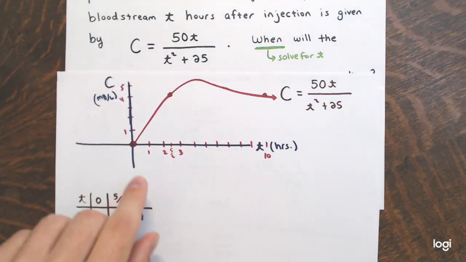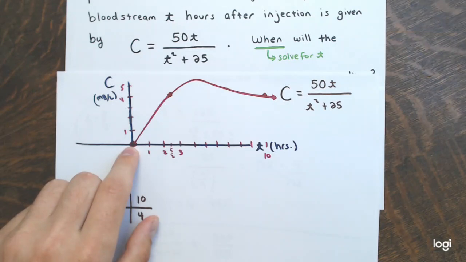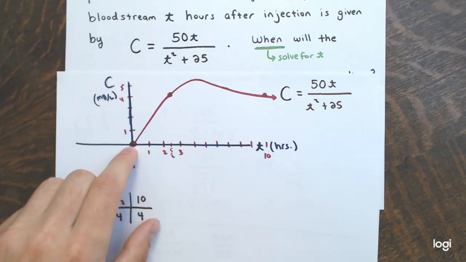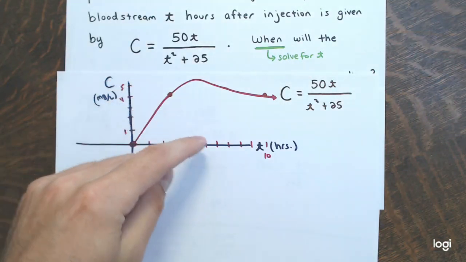At 0 hours, you haven't had the injection yet. But I would be thinking that as soon as you got the injection, you'd have the majority of the drug in your bloodstream. It would be at a peak, and then start to fall slowly.